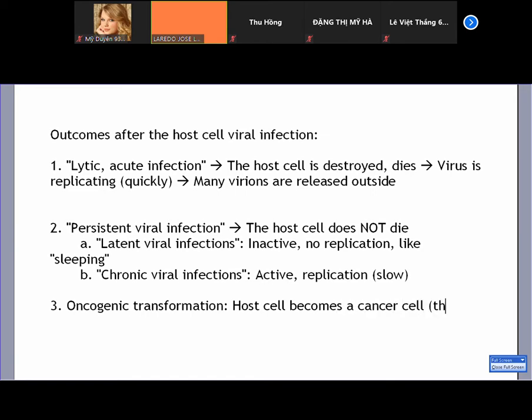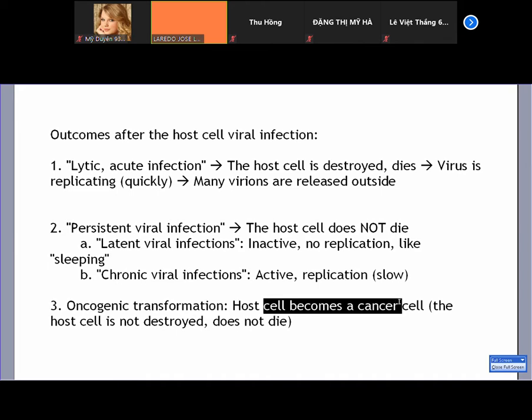So the host cell is not destroyed. Does not die. So it's a persistent infection. So look, oncogenic means that the host cell becomes a cancer cell. Onco means cancer. Genic means to produce.